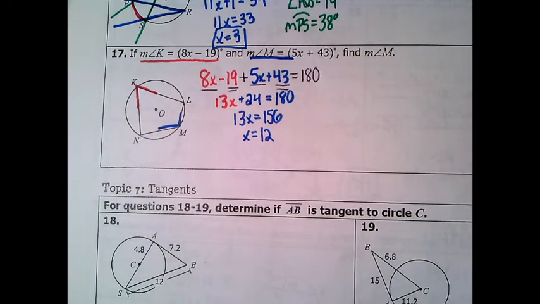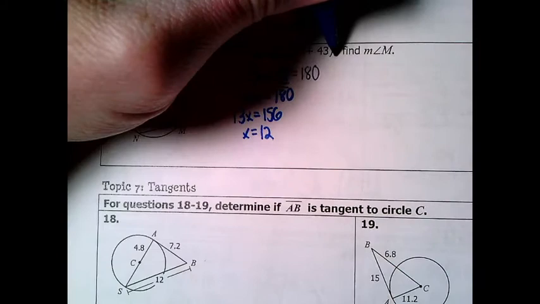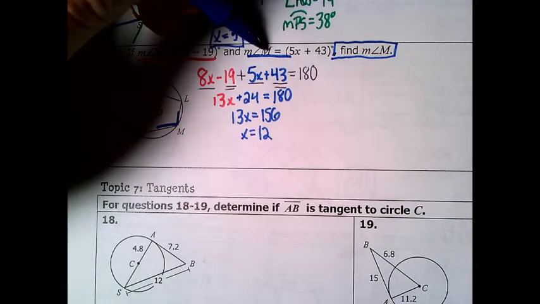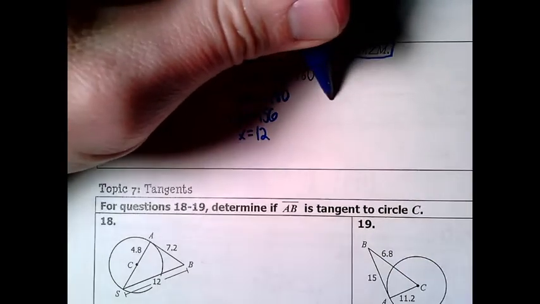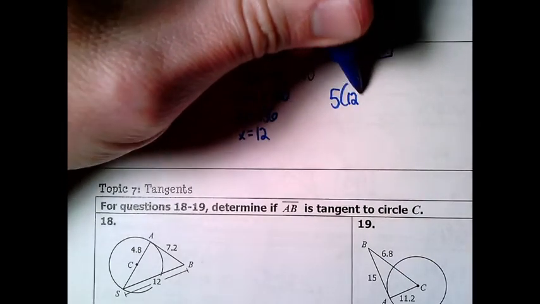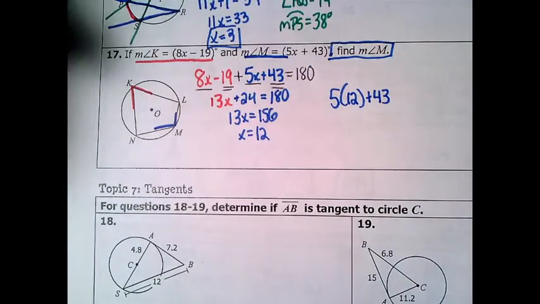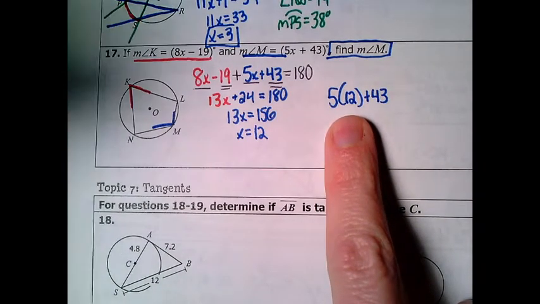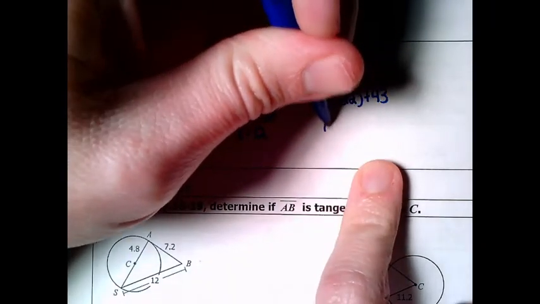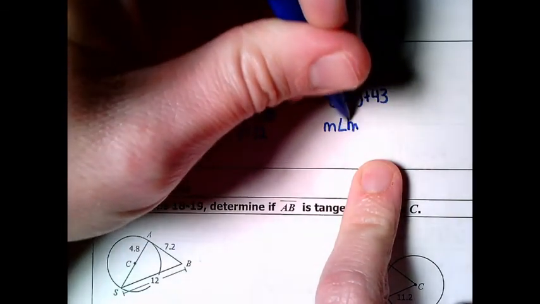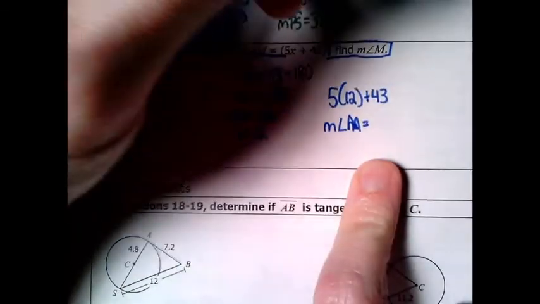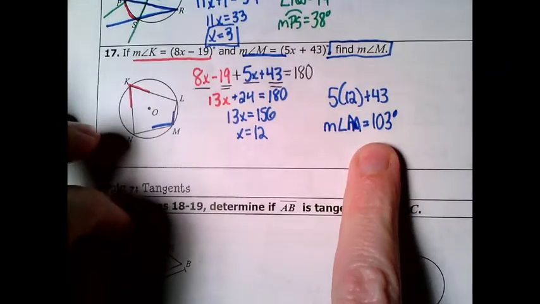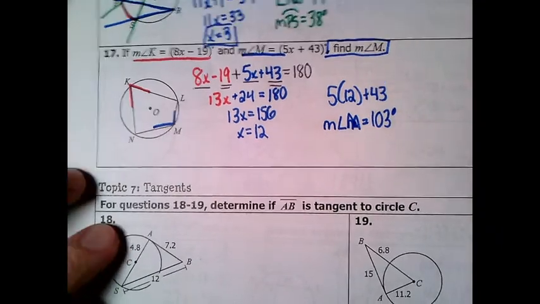But they don't want that. They want angle M right here. Find M. So I got to plug in for M. Well, M is blue in this case, so it's just going to be 5 times 12 plus 43. And when I multiply that, measure angle M is going to be 103 degrees. Okay. So there we go.